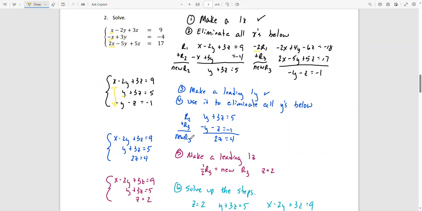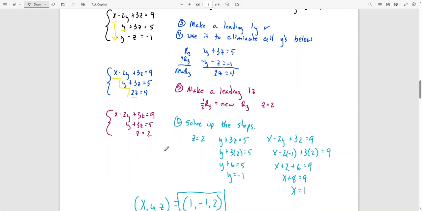Add them together. My new row 3 will be 2z equals 4. Fantastic. I have stair steps almost. I need to get this to be a 1. So my leading 1z, I'm going to multiply by half or divide by 2. And I have the stairs that I can now work my way back up.